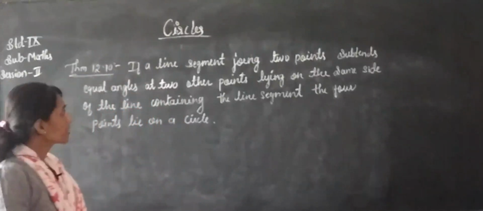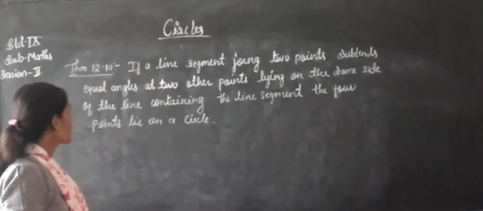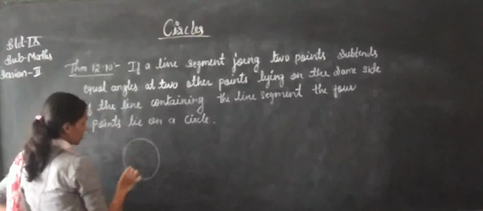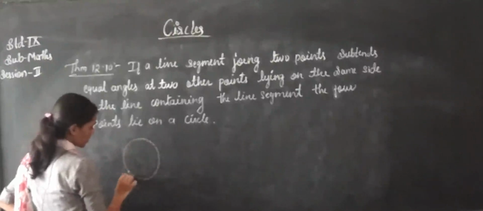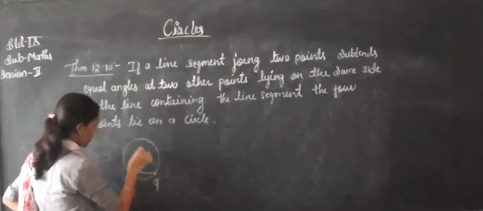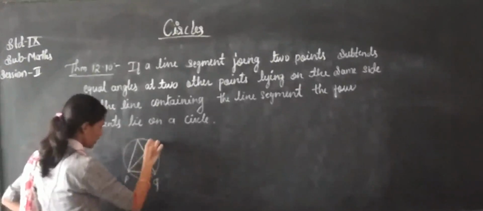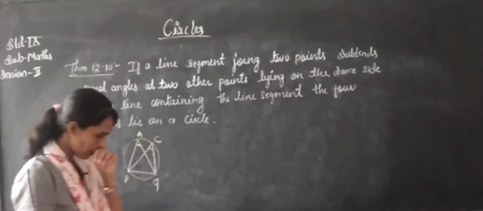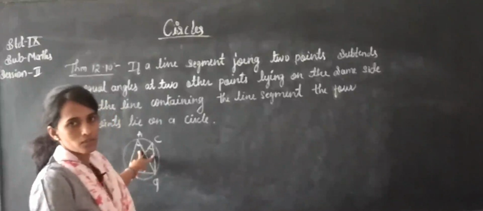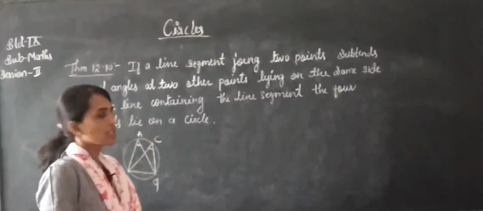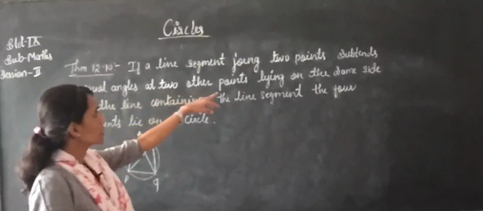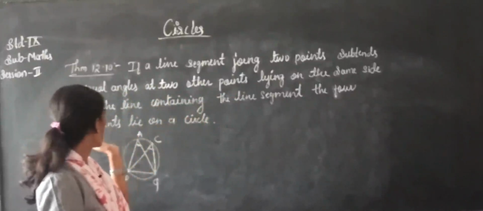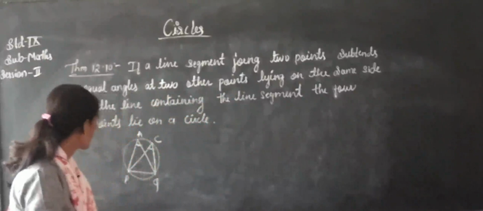Now if a line segment joining two points subtends equal angles at other points, what will happen? Consider PQ as an arc. The angle subtended by it at the points A and C on the circle will be equal.